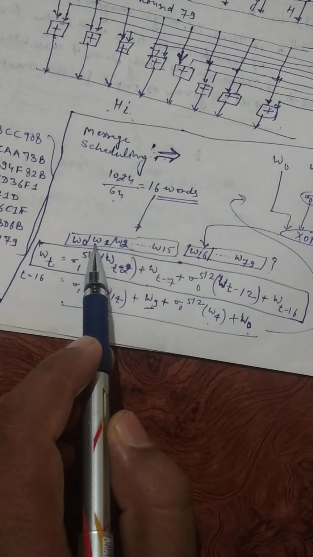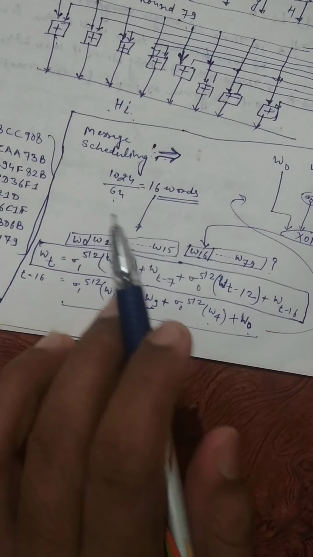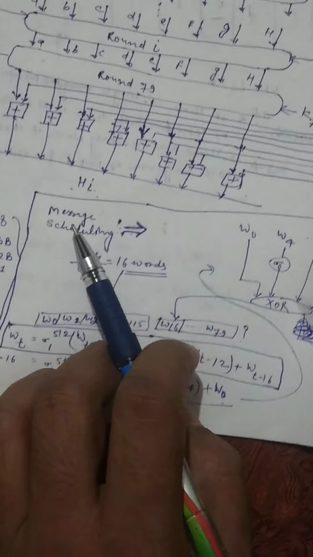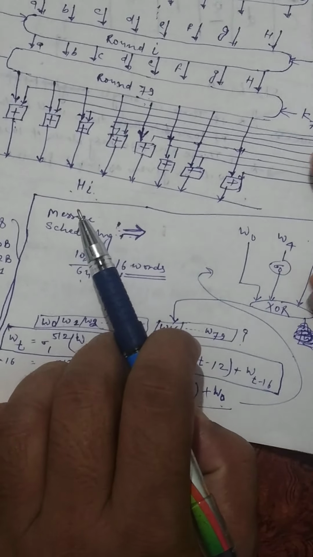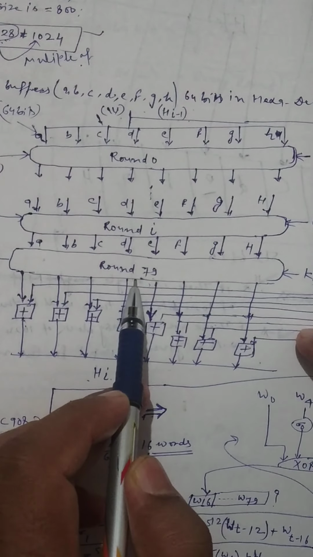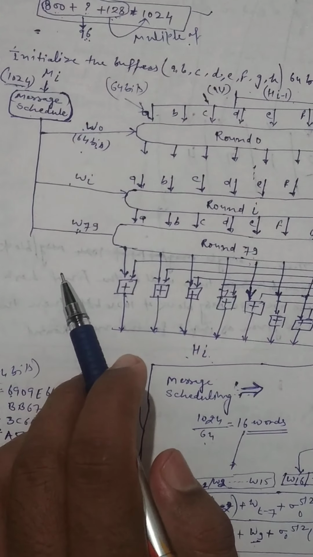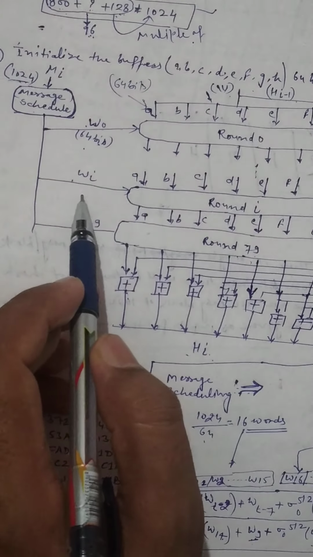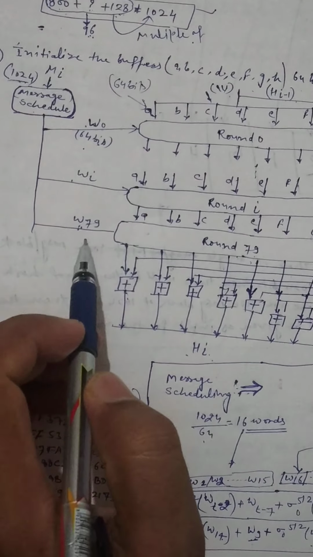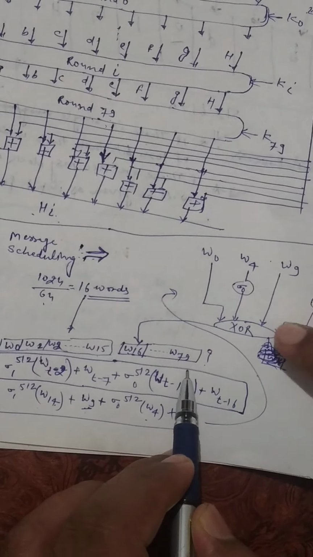Now there are rounds 0 to 79, so we need to generate more words, W16 to W79.